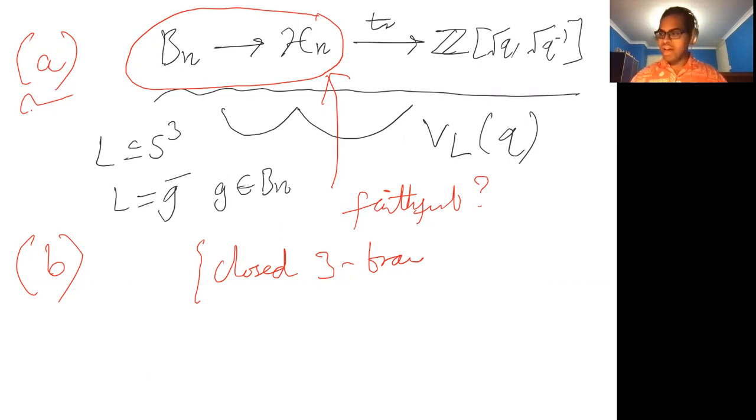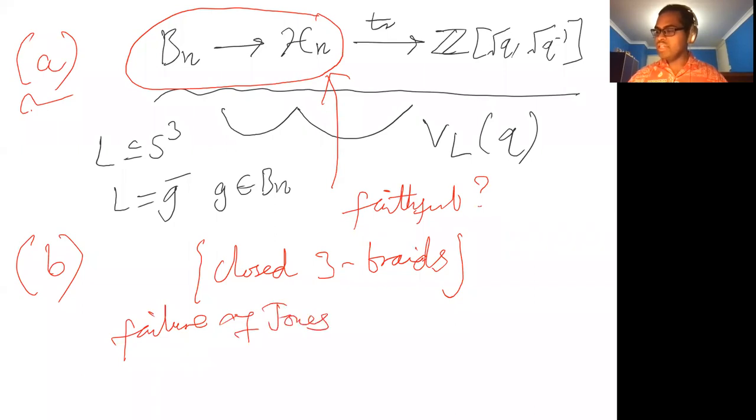Thank you so much. Yeah, so basically, continuing on, the family of closed 3 braids includes the figure 8 knot, the Hopf link, the trefoil, all the standard simple knots that we know. The next result is the failure of Jones to distinguish isotopy classes of closed 3 braids.